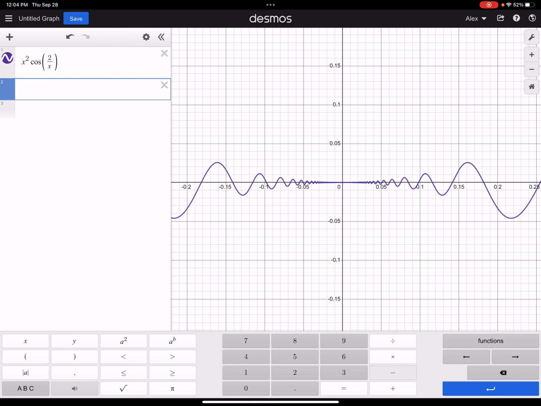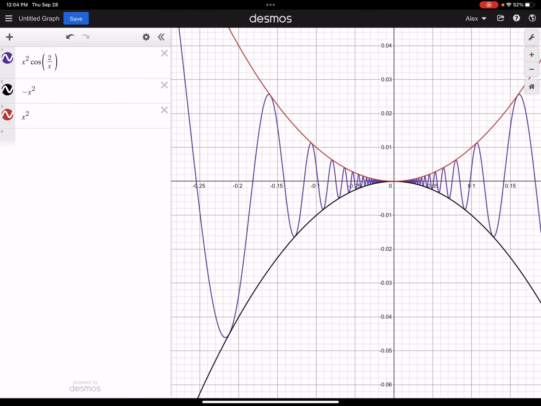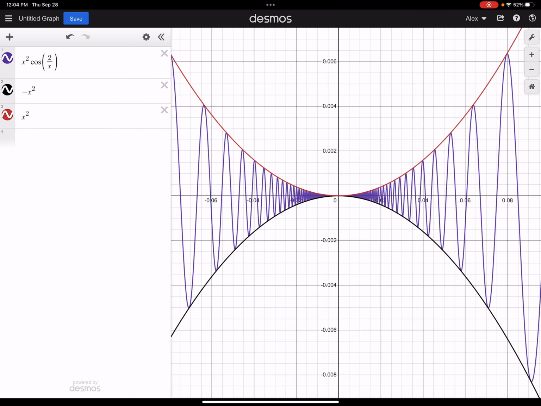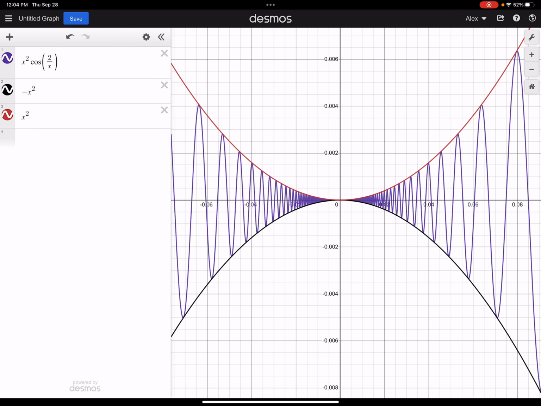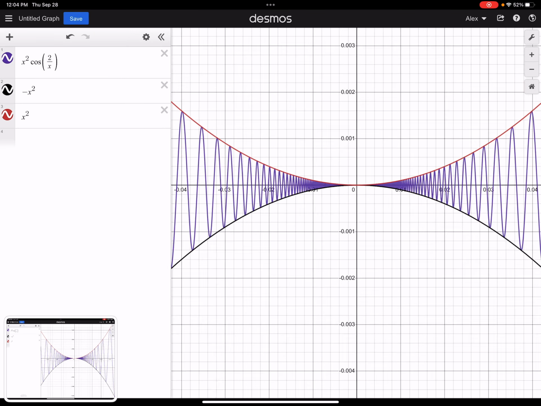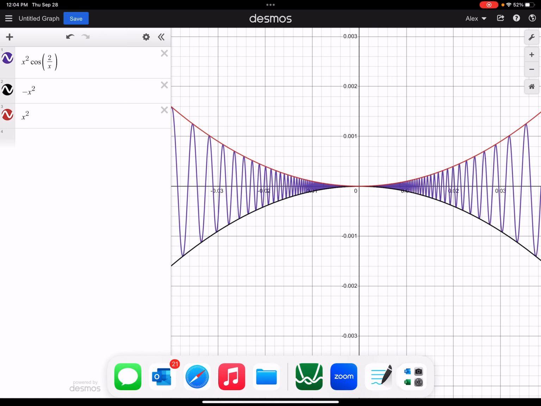Also note that we could have y equals negative x squared, and positive x squared, oh, that's kind of cool, there you go, diagonal. Okay. So now look what happens. The purple function is the one that we're examining, and that's going nuts. But it is still approaching 0, and we know that because it's being bounded below by that black function and bounded above by the red function.